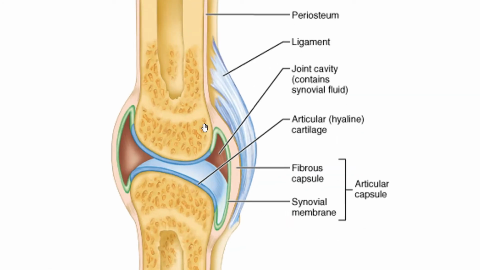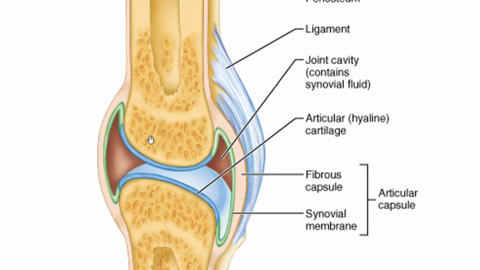And here is another simple diagram just to make you understand what a capsule actually is. So this is the capsule of a joint. This is a coronal section, with the outer fibrous and inner synovial layer. Here the synovial layer. And then this blue one is the articular cartilage, which is hyaline cartilage.